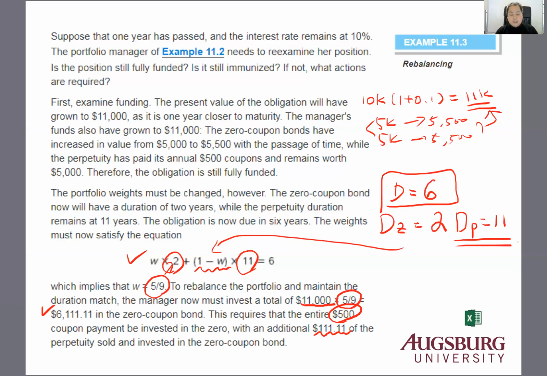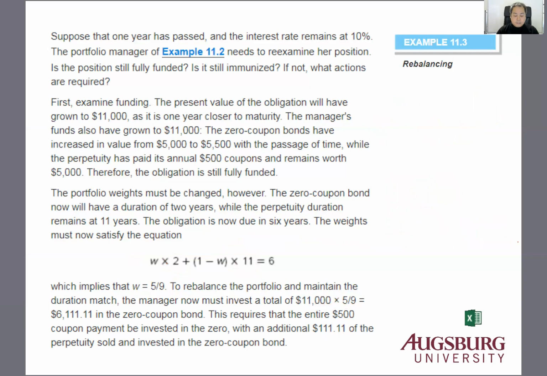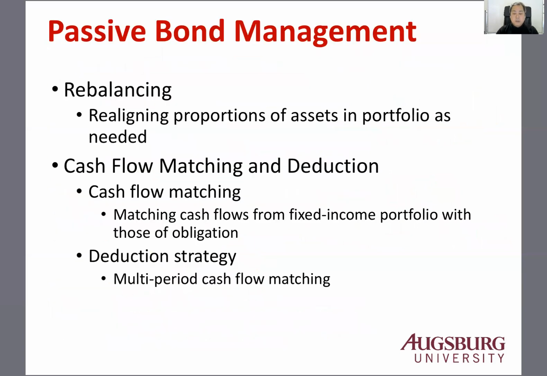It's called rebalancing. So rebalancing is the realigning of the proportion of assets in a portfolio as needed. So it's not easy, actually. It's not easy.